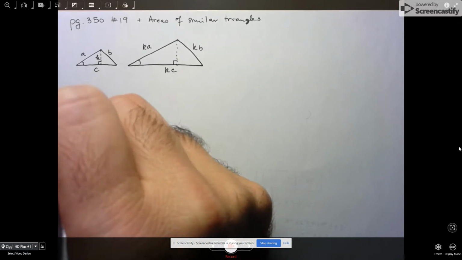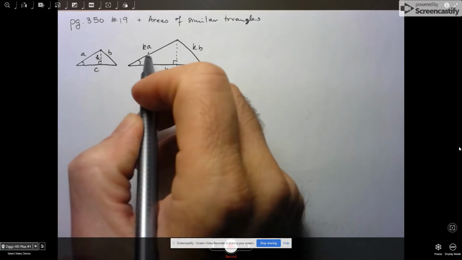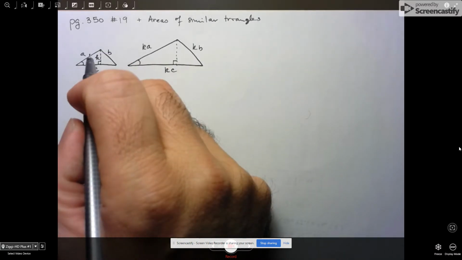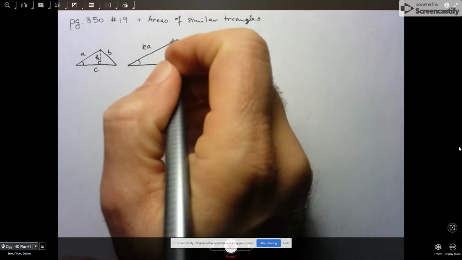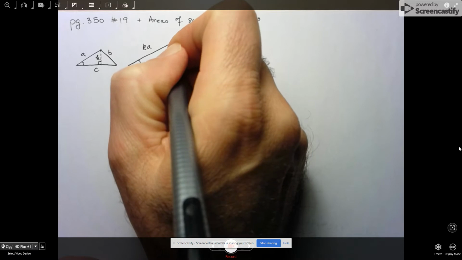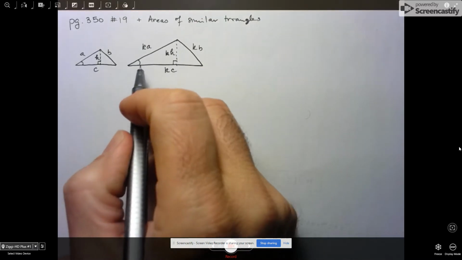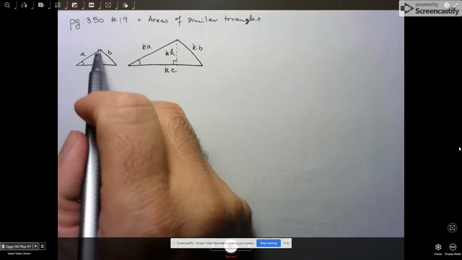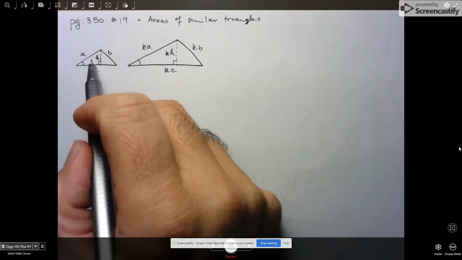Okay, and so that means that if this length in that triangle is A and this is KA, the factor between them is K. So that means we can now say that this height is going to be K times H, that the height has the same factor as the other three sides. Okay, and this is because I was able to create similar right angled triangles in both of the triangles.